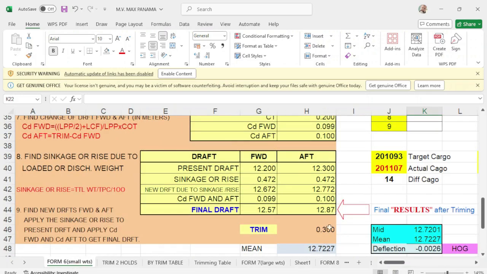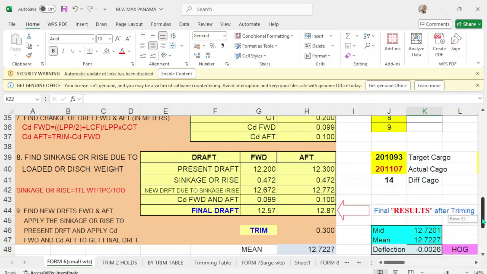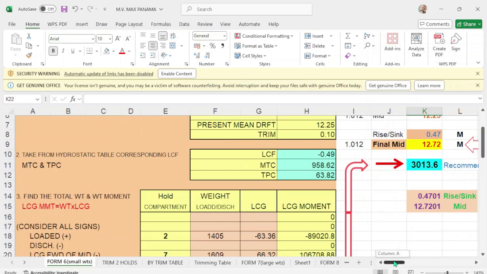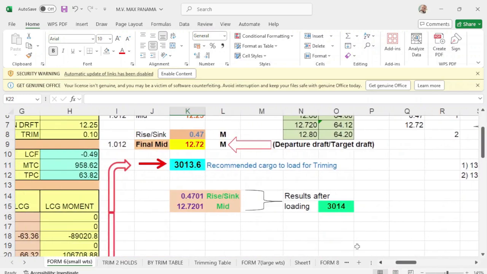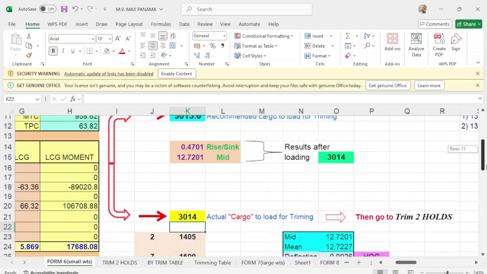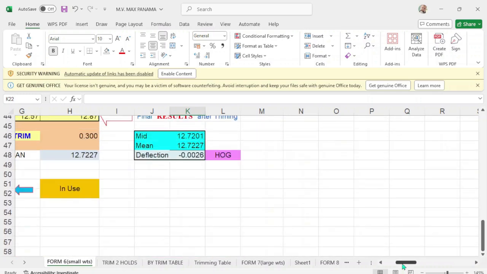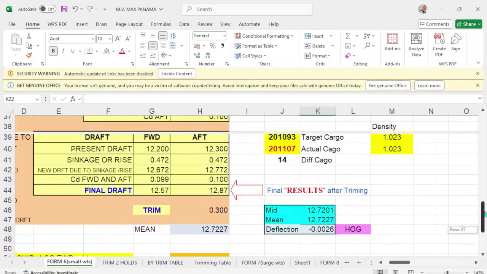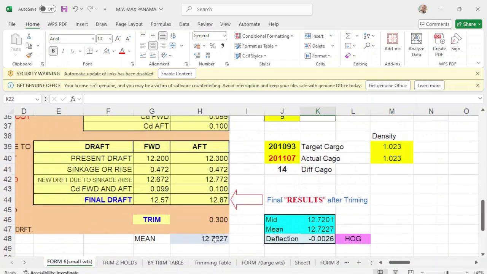You have a trim of 30 centimeters, your mean drop is 12.72, and your deflection here is 0. So your mid is 12.72, which is this one, and your mean drop is this one.